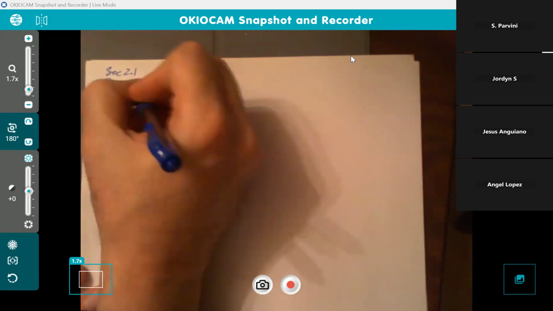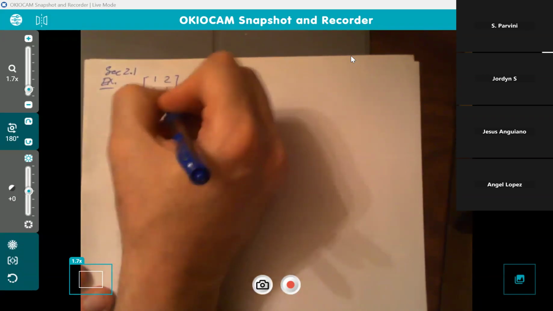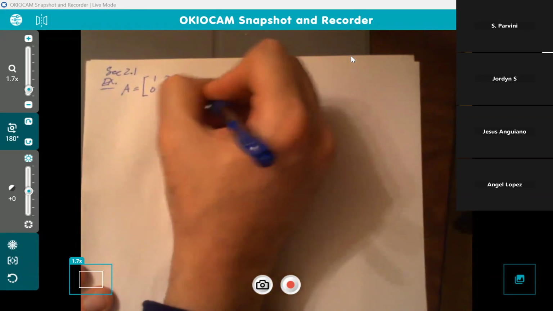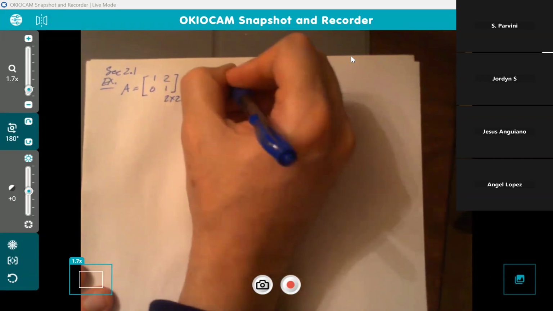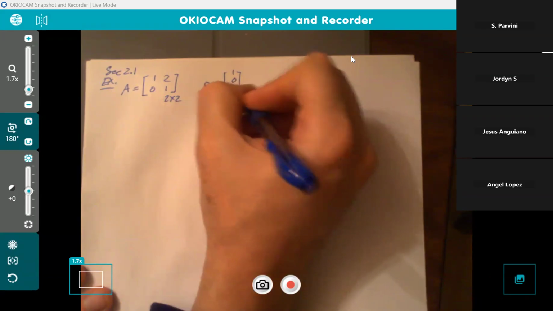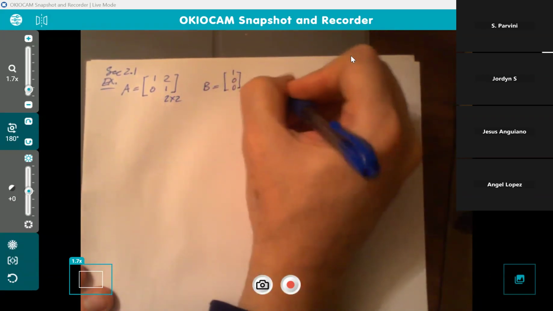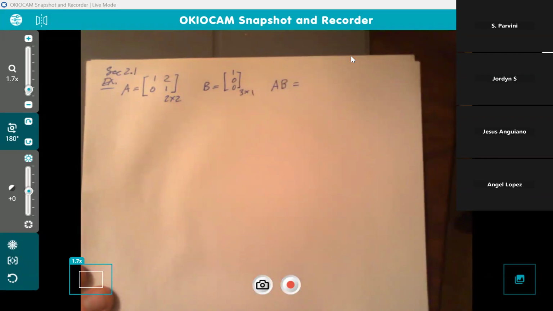Let's say, first of all, A is the matrix 1, 2, 0, 1. It's a 2 by 2. B, I'm going to make it 1, 0, 0. It's a column vector, 3 by 1. First of all, I want to do AB. What do you think? Can I do it? Is that multiplication going to be defined?